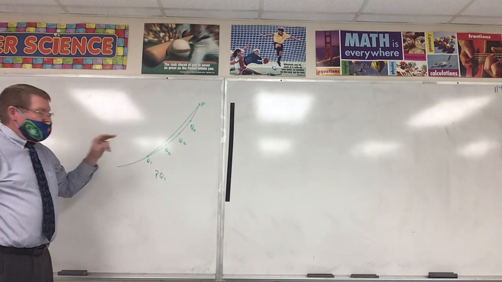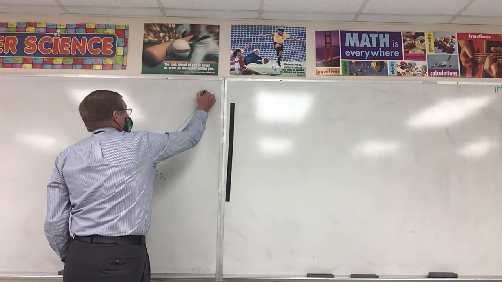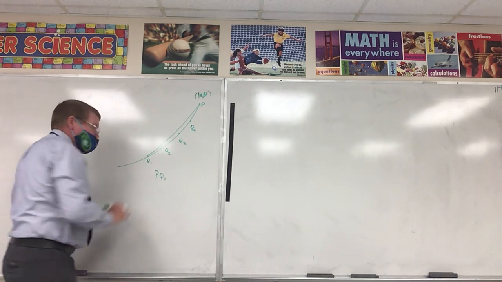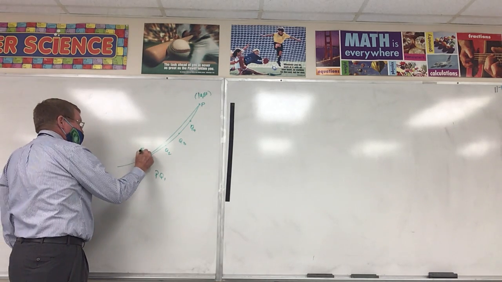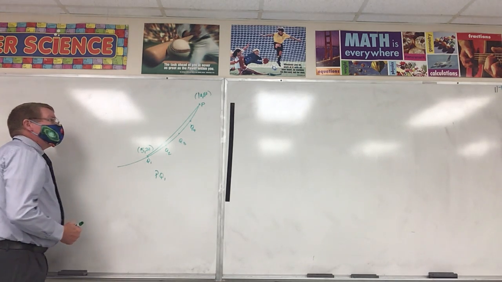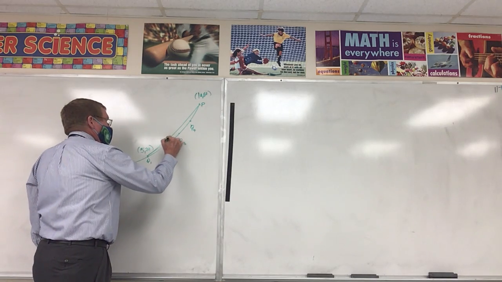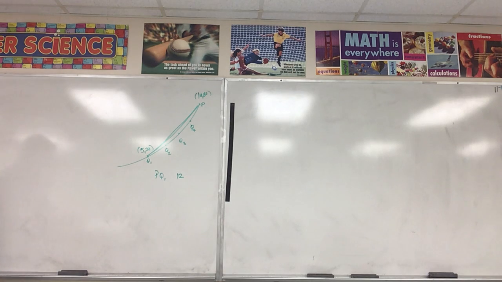It's change in y over change in x. P is at 1080 and Q1 is at 520. We're on a straight line, so the slope is 60 over 5.